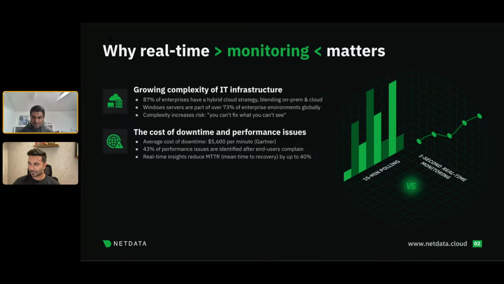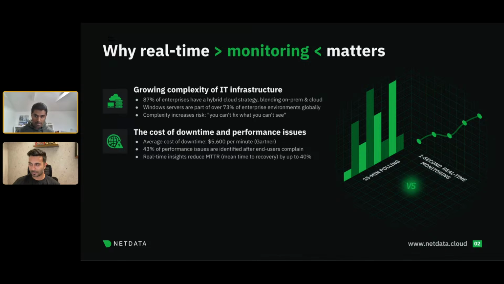And that brings us to the second point of downtime, performance issues, and outages, and the real cost behind this. This number there is from a study that was conducted by Gartner a few years ago, that the average cost of downtime, and this is average across all kinds of companies, the small ones, medium ones, and the big ones, is $5,600 a minute.